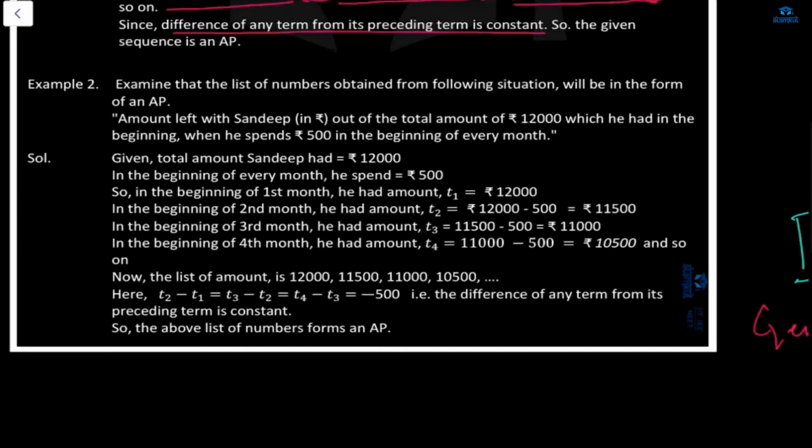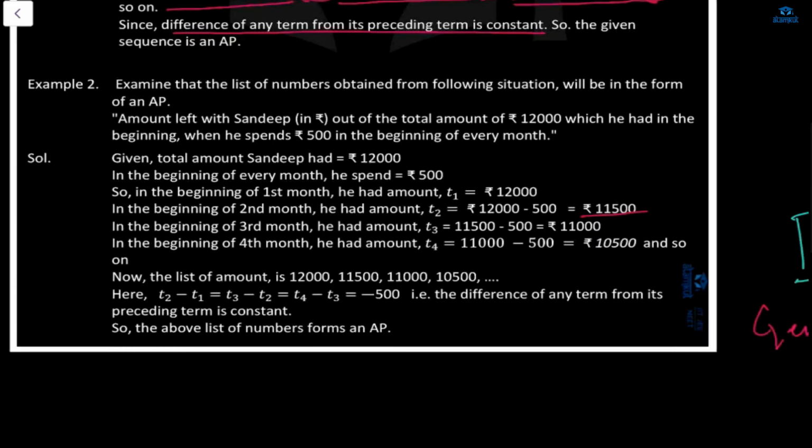In the first month, he had 12,000 rupees. At the beginning of the second month, he will spend 500 rupees. So what will be the next amount he has? From the previous amount we subtract the 500 that is spent, so we get 11,500.